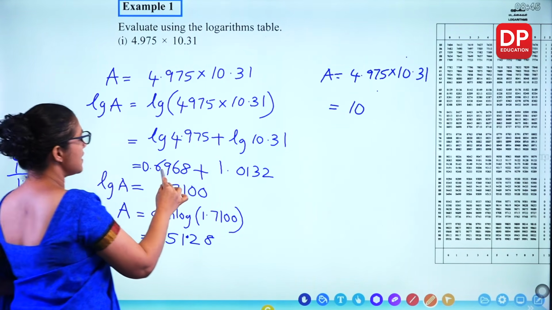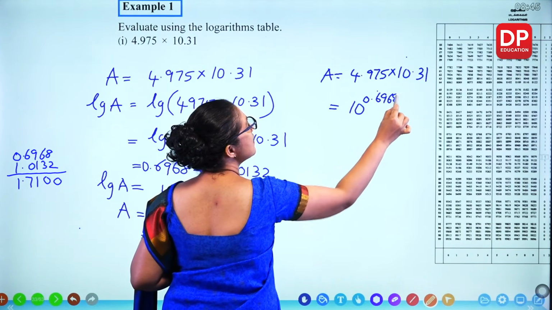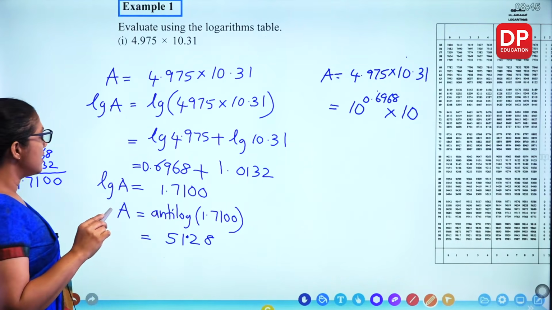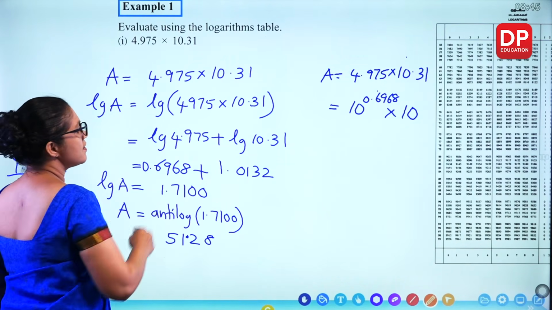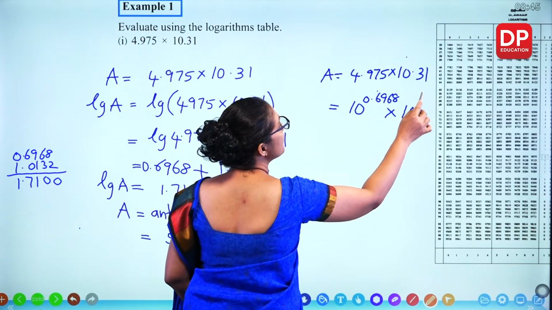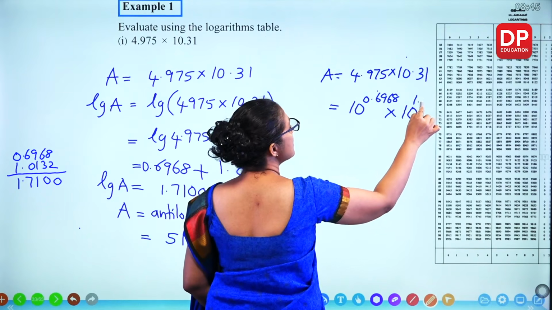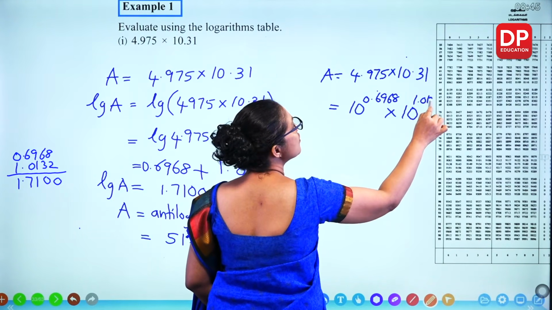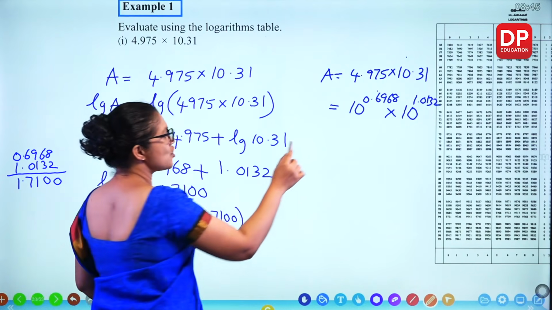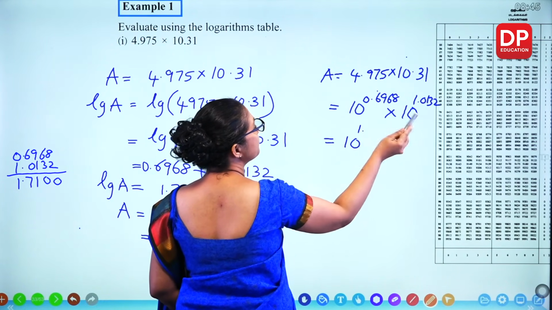We found out 6968. And what's the logarithmic value of 10.31? 0.132. And here this is 10. That means 1.0132. Then same base, different powers multiplication. You add the powers. This becomes 1.0132.